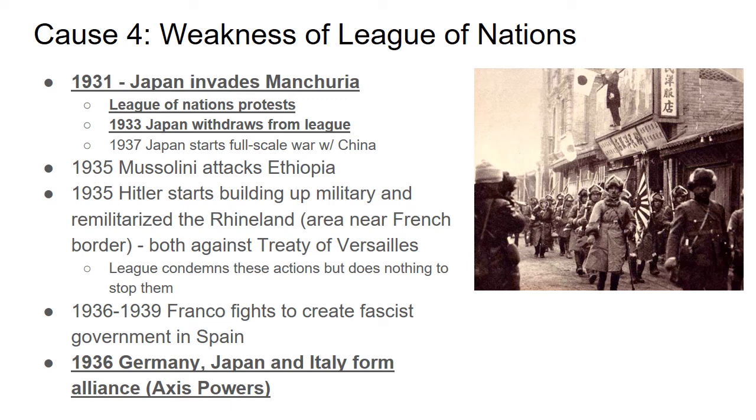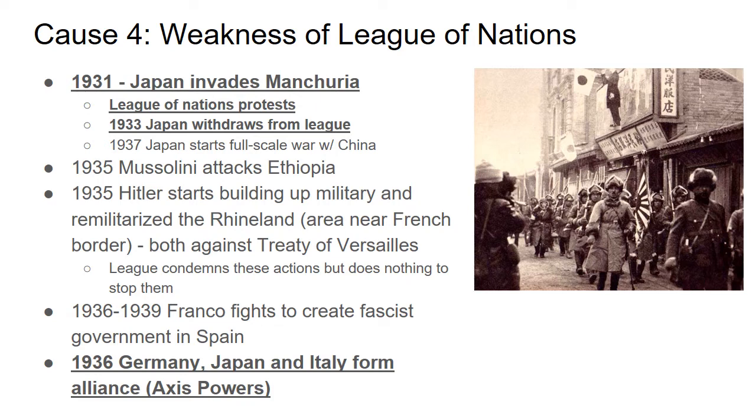So in 1935, Hitler starts rebuilding the German military and remilitarizing the area of German territory near the French border. Both of these actions were specifically prohibited by the Treaty of Versailles. The treaty said that Germany could only have a certain number of soldiers in their army, and that Germany could not station their troops along the French-German border, basically to stop them from being able to start another war.